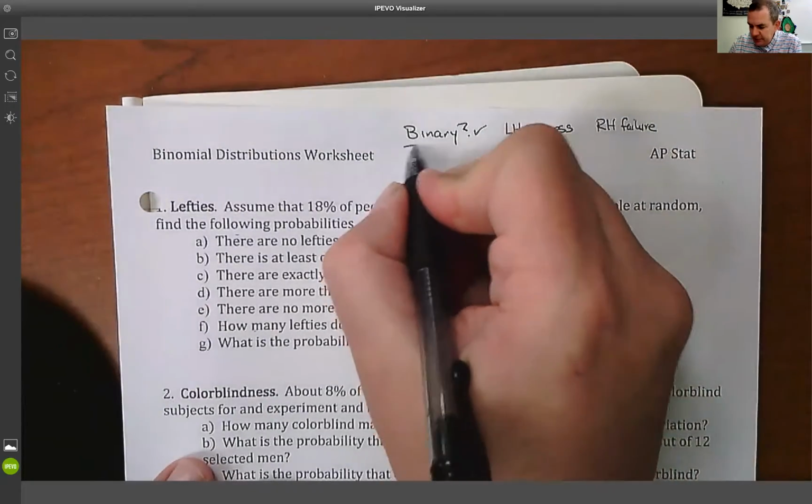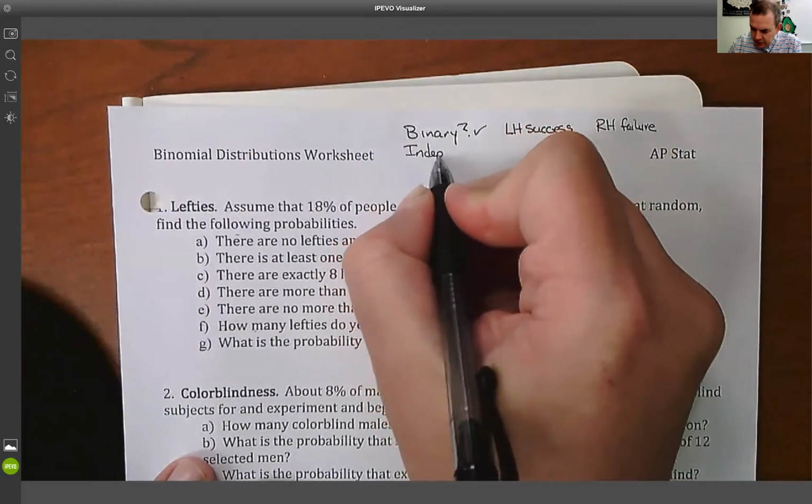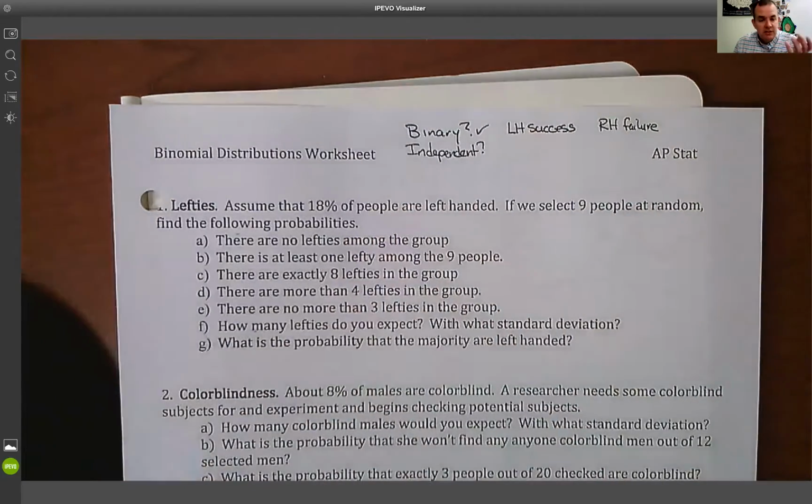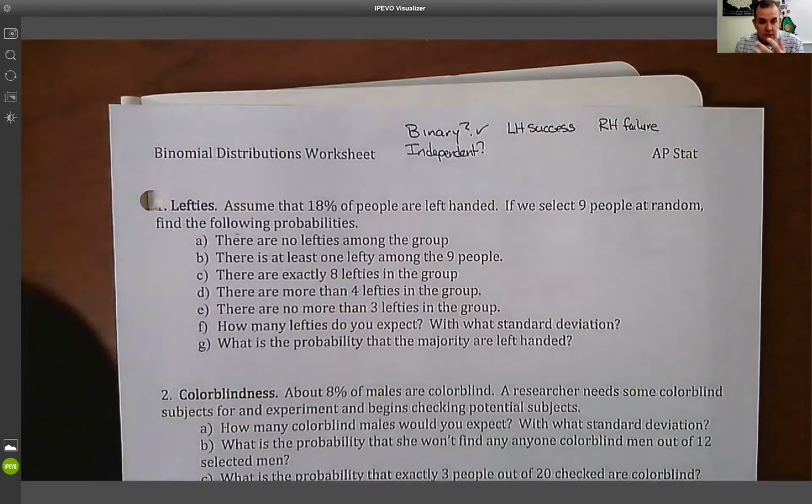The next one is independent. In other words, let me ask you, does it matter if I randomly select a person? Does their handedness have any bearing on the next person's handedness? Just in general, if I was randomly selecting a person out of a population, would me being right-handed have any bearing on what the next person is?